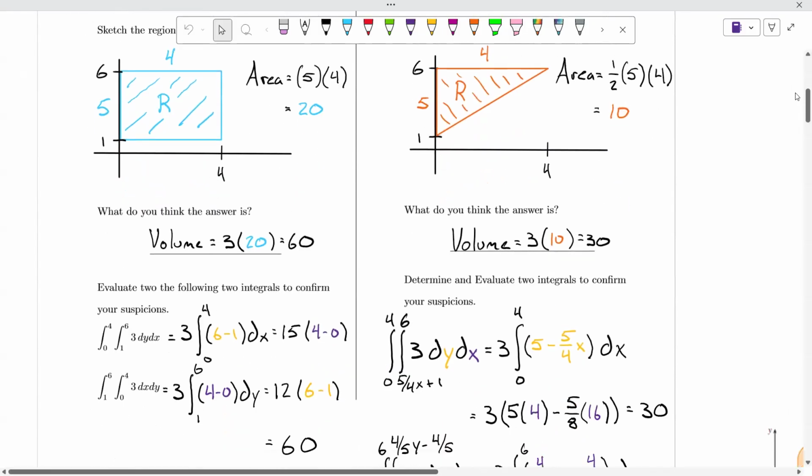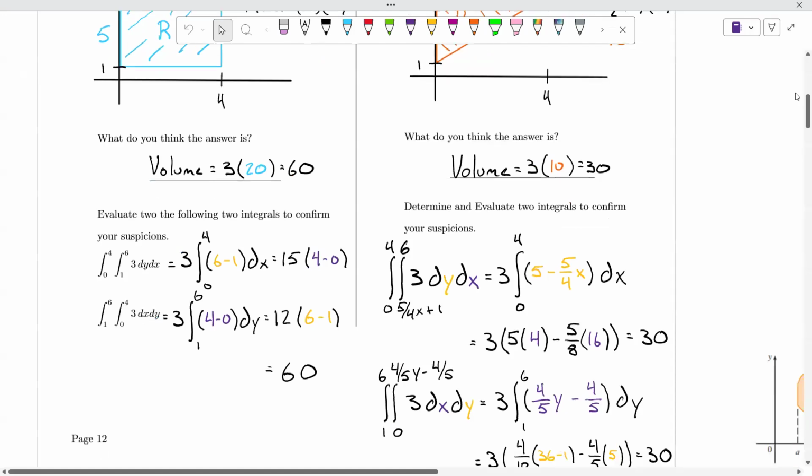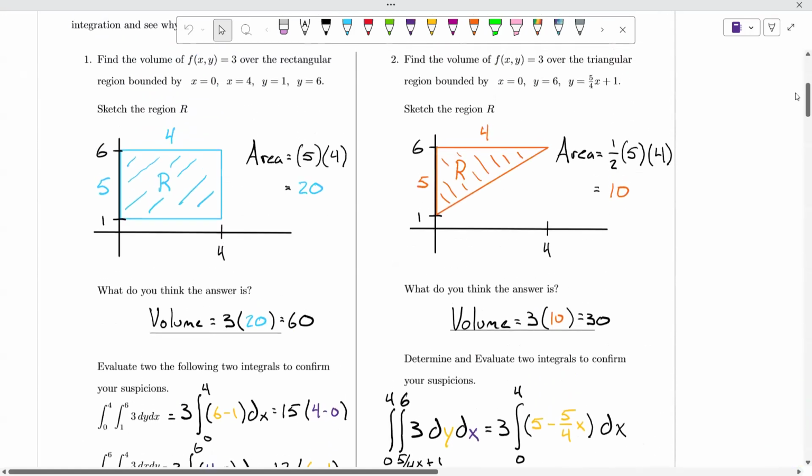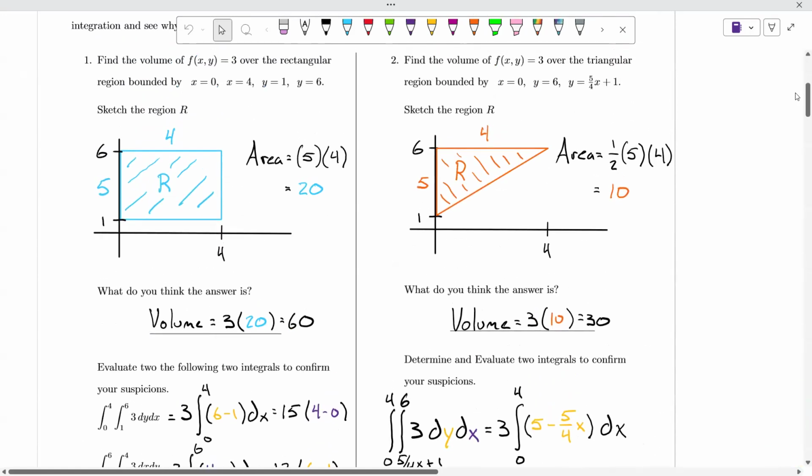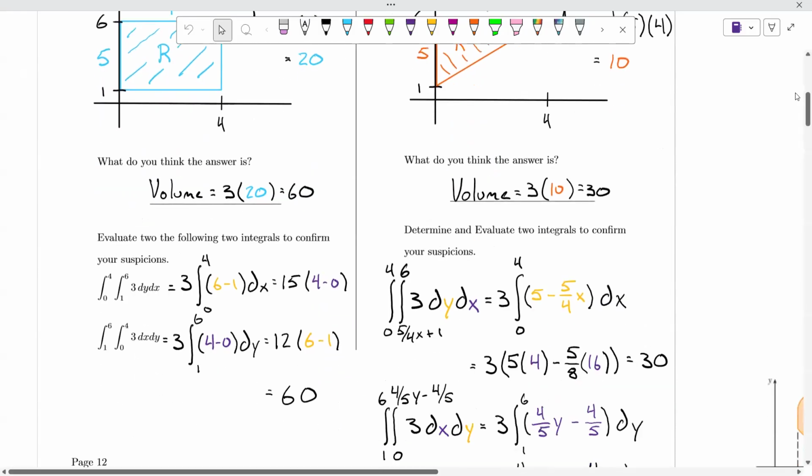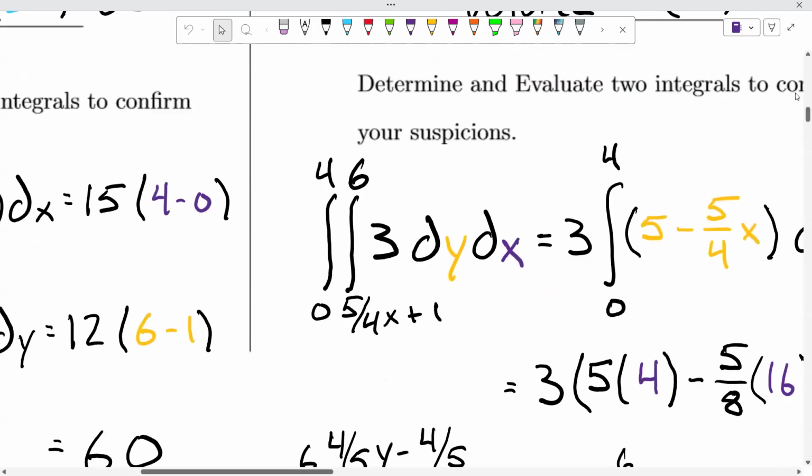In particular, if I look at this integral on the right, where I'm now going to be integrating over a triangular region, instead of just a rectangle, one of my bounds is the line y equals 5 over 4 x plus 1, which means when I go to calculate that double integral, one of my bounds is going to be that line.